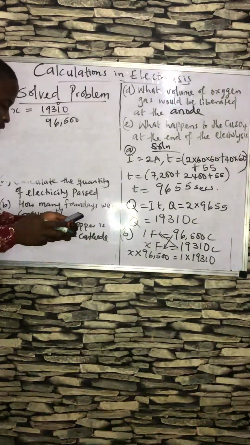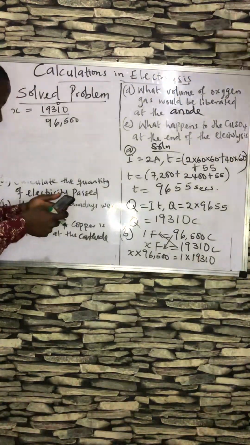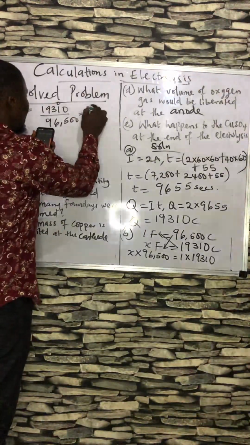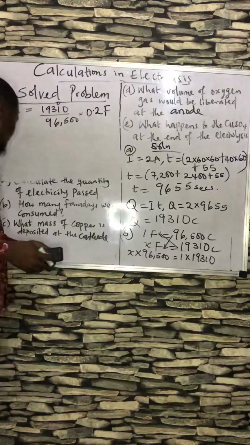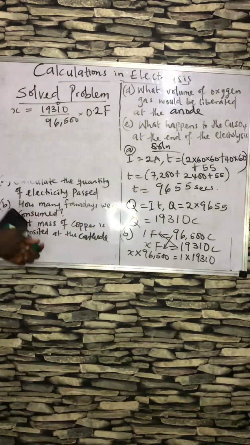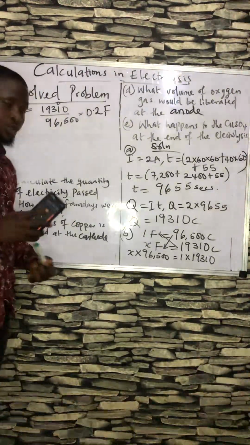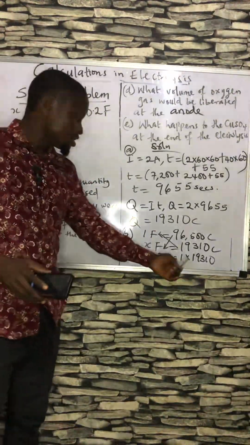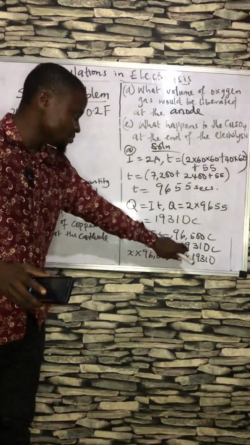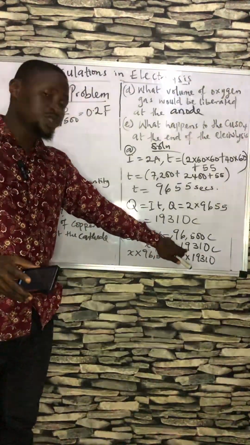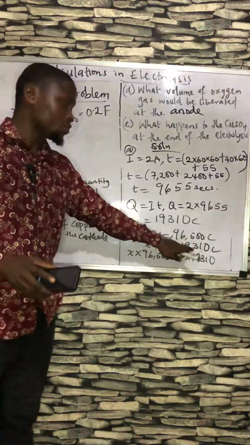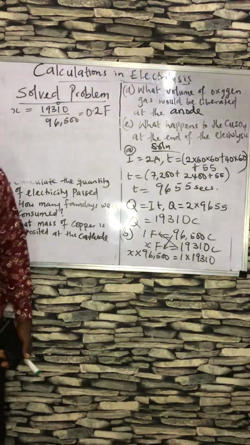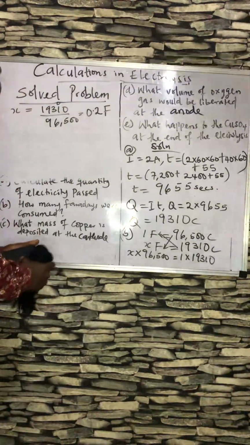All right, if you do that properly, divided by 96,500, what you're going to get is 0.2 Faradays. So the number of Faradays that were consumed is 0.2. This divided by 5 will always give you this. So it means 0.2 Faraday is actually consumed.